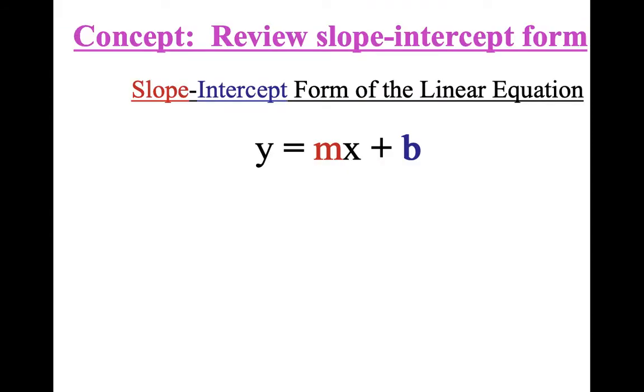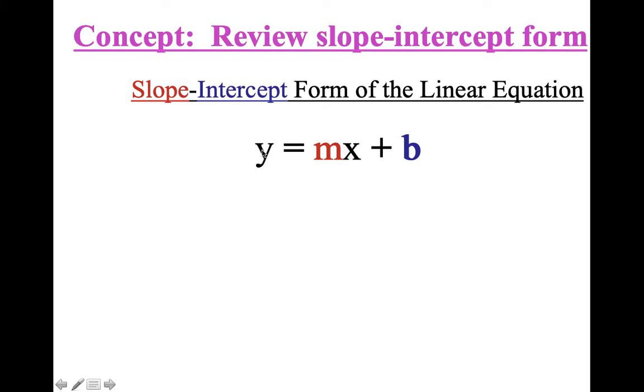So, let's look back over this. In the slope-intercept form, the slope is what's right in front of the x, as long as the equation itself has y by itself.